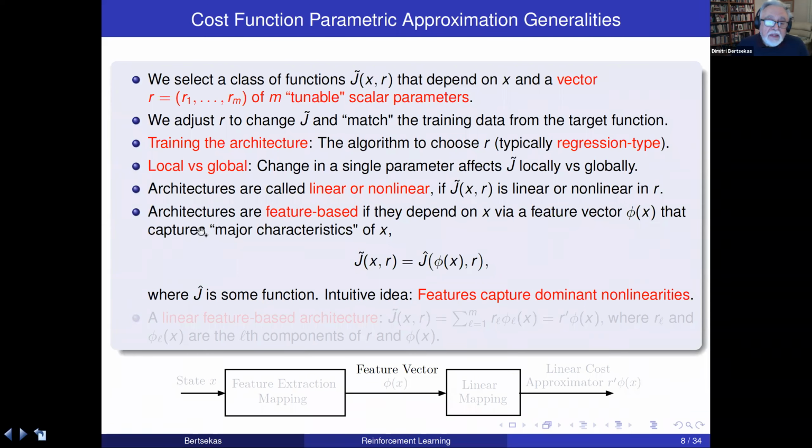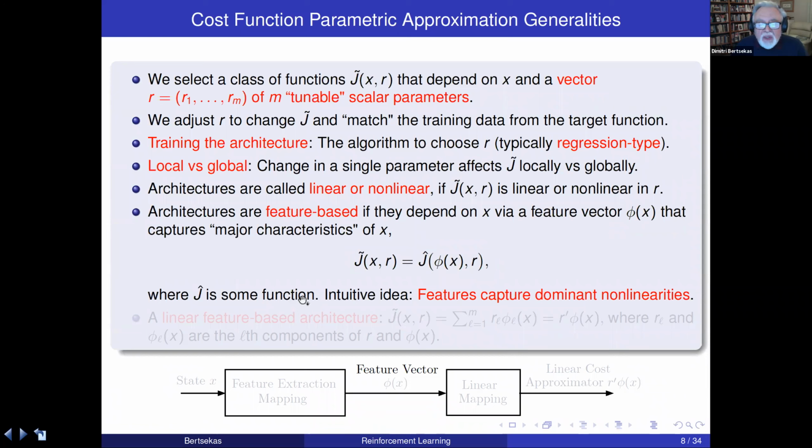So back to feature-based architecture. It is called feature-based if J tilde depends on X through the feature vector. The general form is nonlinear, but this is very specific. It uses, in place of X, its feature vector, and J hat is some function.